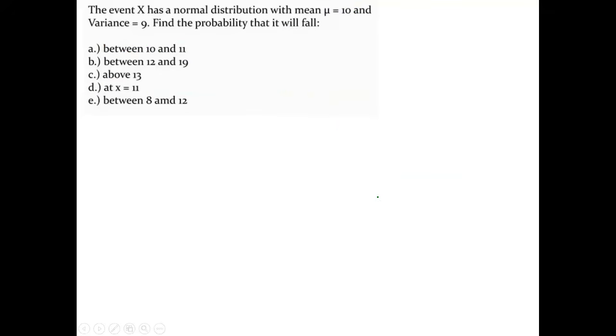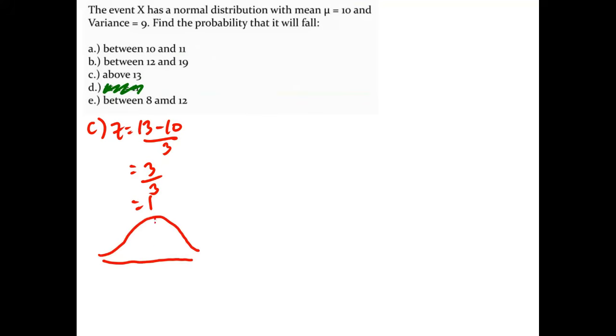Last two example, we have C and E. So for C, above 13. So Z is equal to 13 minus 10 over 3. So 13 minus 10 is 3 over 3, which is 1. So dyan, ganyan, 0, 1, 2, 3, 4. So nasan yung 1? Nandito. So ano ibig sabihin ng above?